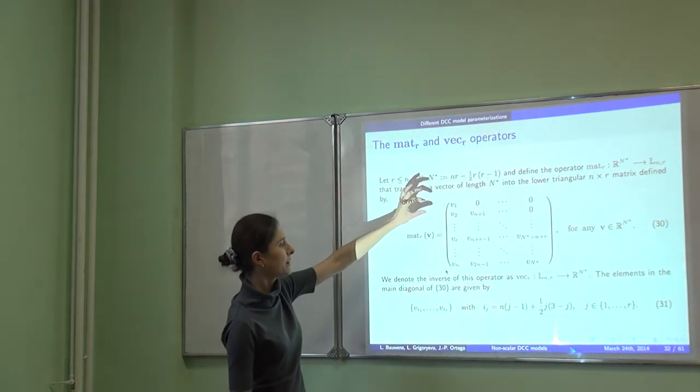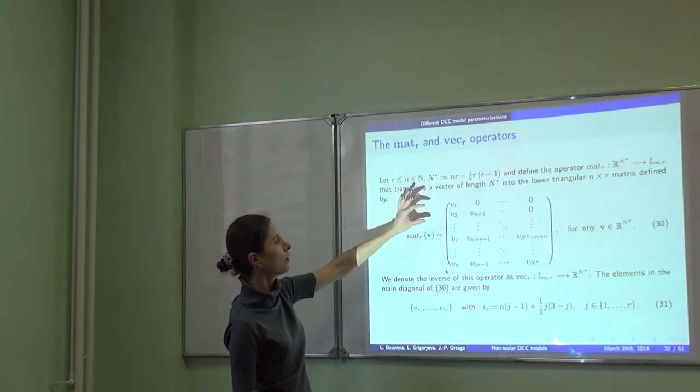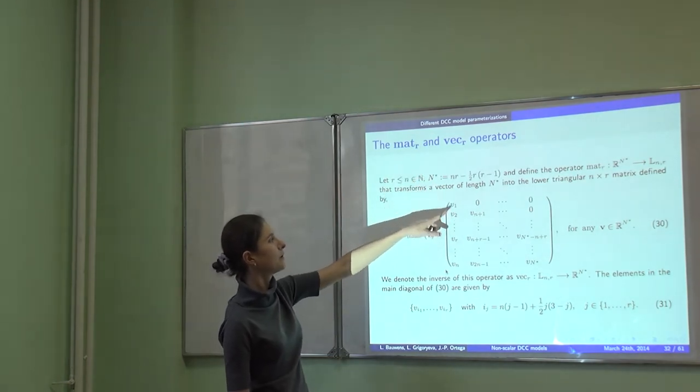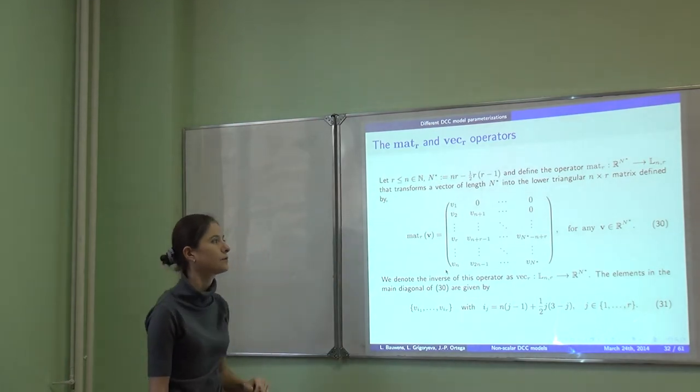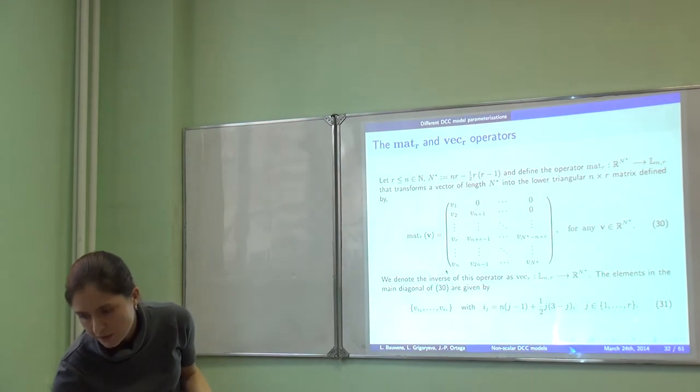And as we mentioned before, our identification constraints will involve the positivity of the first element standing in the first row of our matrices. So we have also the inverse of this operator.